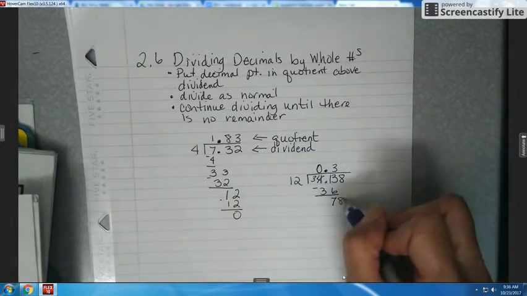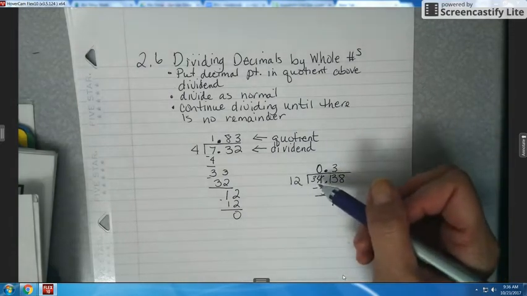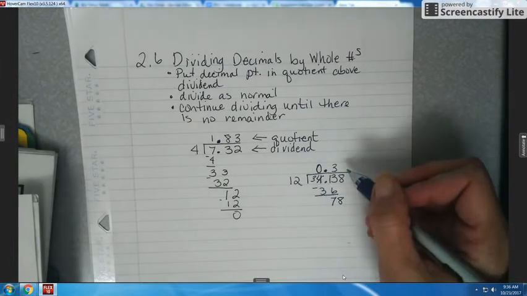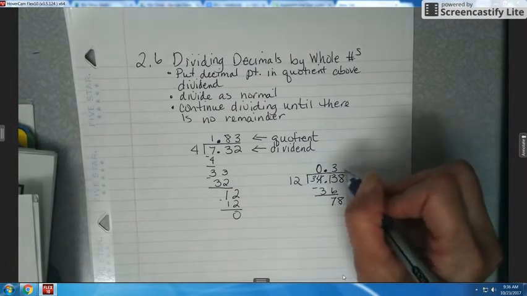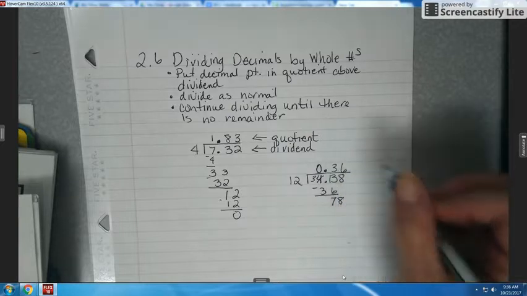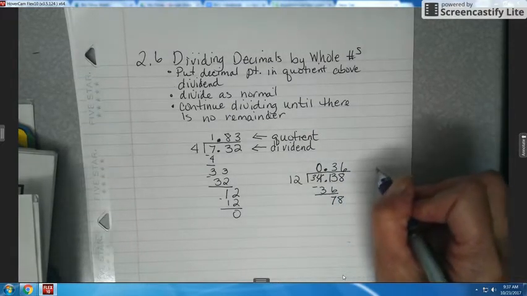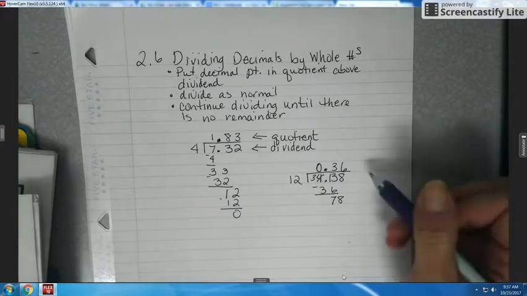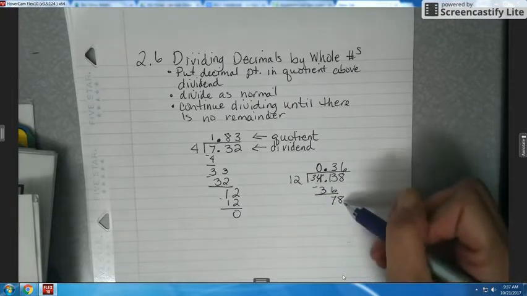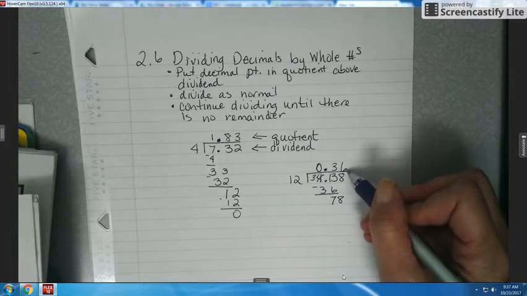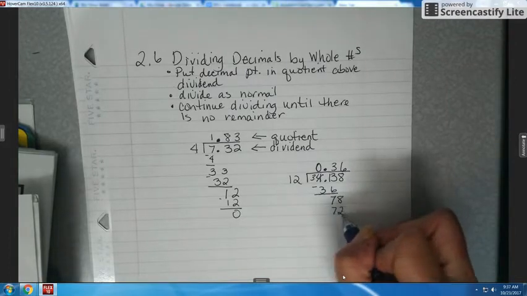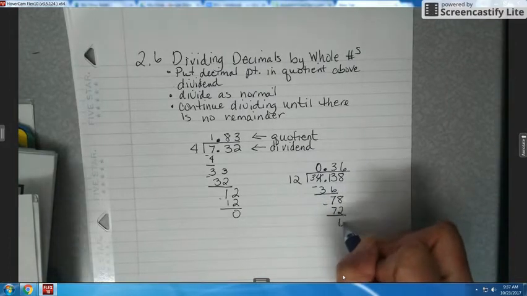And then bring down the 8. 12 divides into 78 6 times. If you're not sure about that, you might need to go out to the side and multiply 12 times some numbers to figure out how many times 12 will divide into 78. It does divide in 6 times for 72. And when you subtract, you get 6.